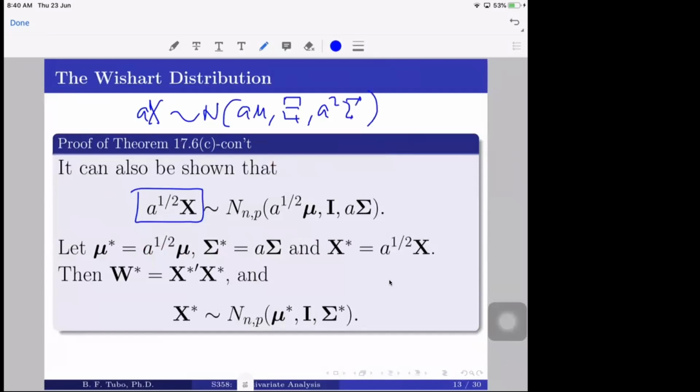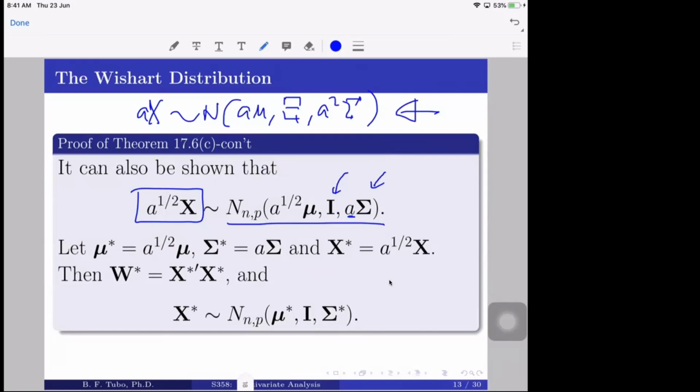Because that is just a scalar, so you can tweak the moment generating function. So how did we obtain this distribution yesterday? By using the moment generating function, and since it is in terms of a trace, you can also put the scalar on the other side. So it can also be shown that you can write it in this manner. Now the purpose here is to retain I there and write the A in the sigma side.